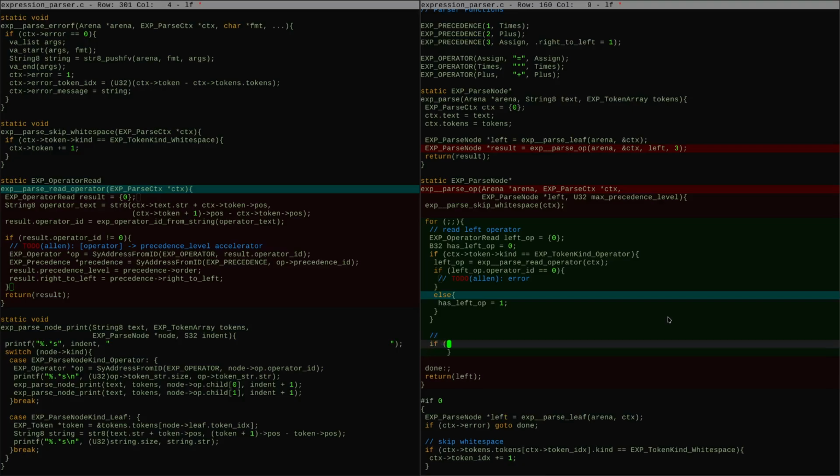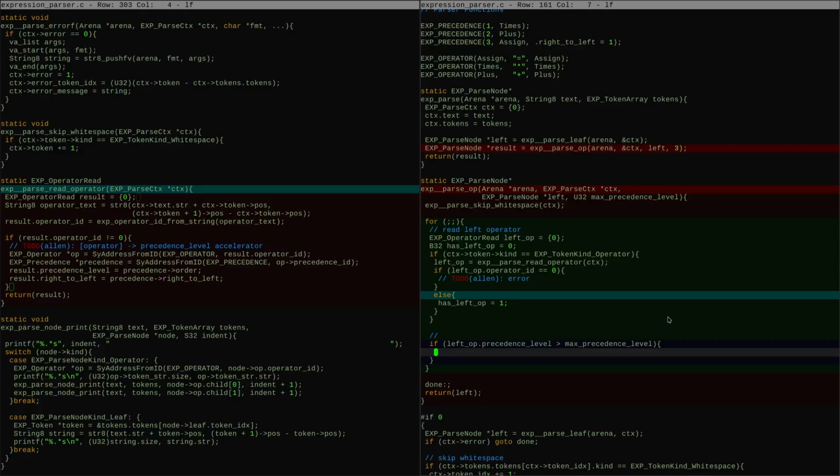If the left operator dot precedence level is greater than the max precedence level, then we're not touching that operator, and we break.